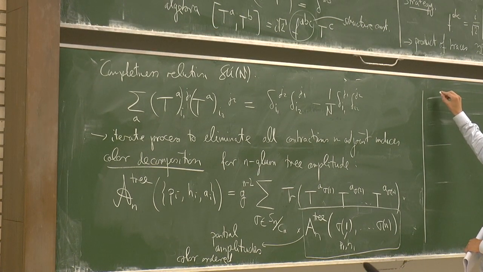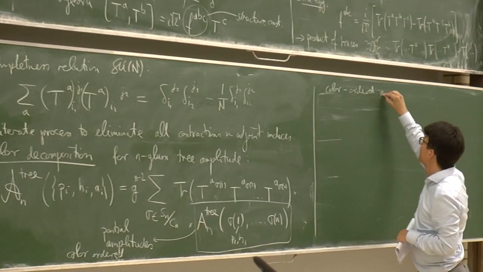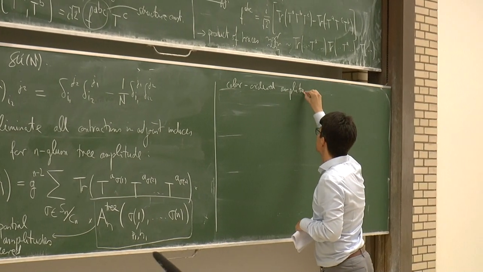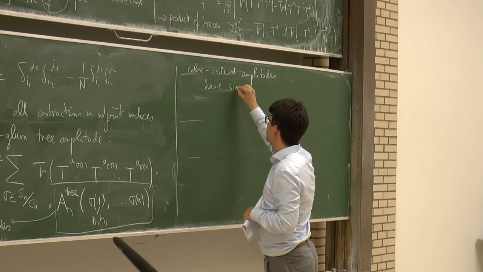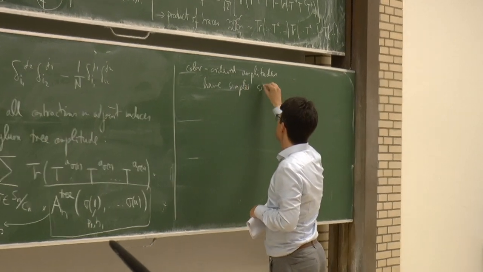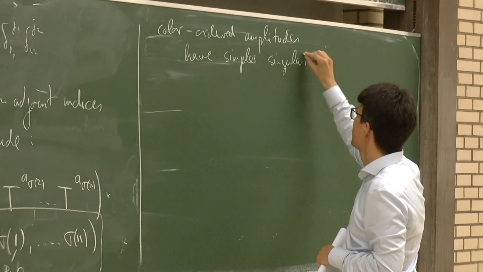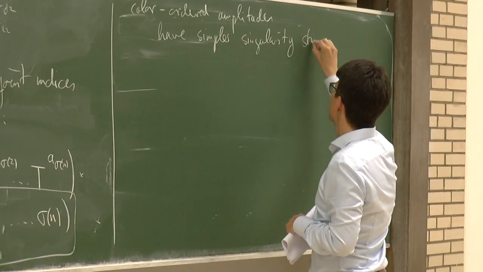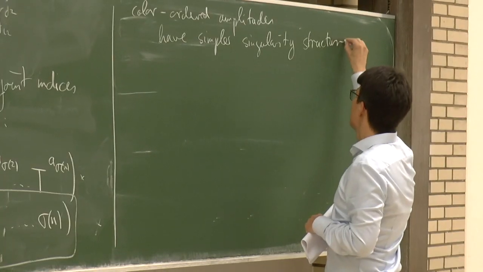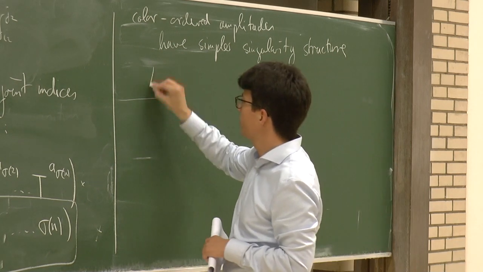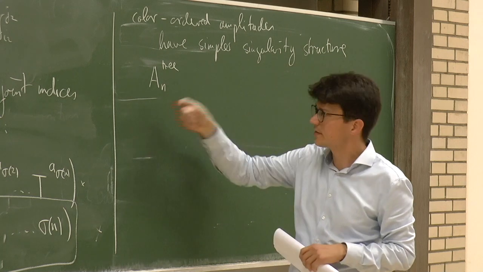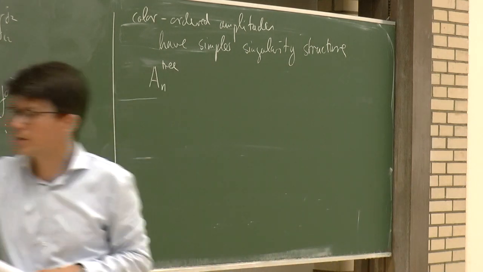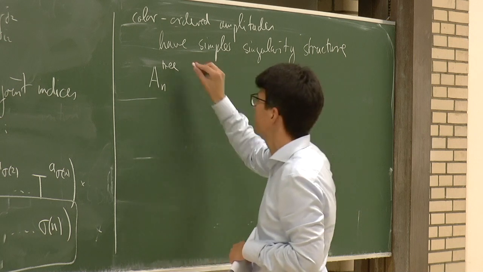So color ordered amplitudes have a simpler singularity structure. Concretely, if you have such an A_n, now this A here, as opposed to the curly A, refers to the color ordered amplitudes.